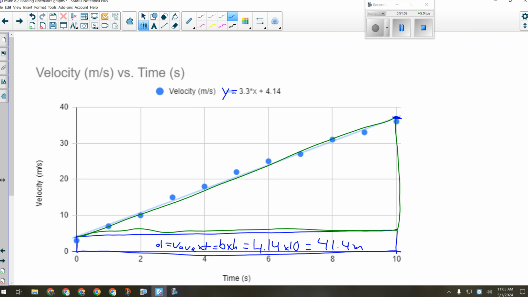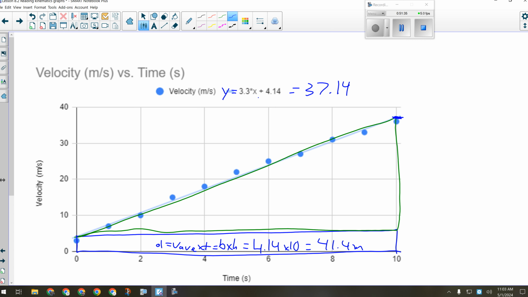Would the height of that triangle be its y value at 10 seconds? So y equals 3.3 times 10 plus 4.14. That's going to be 37.14.